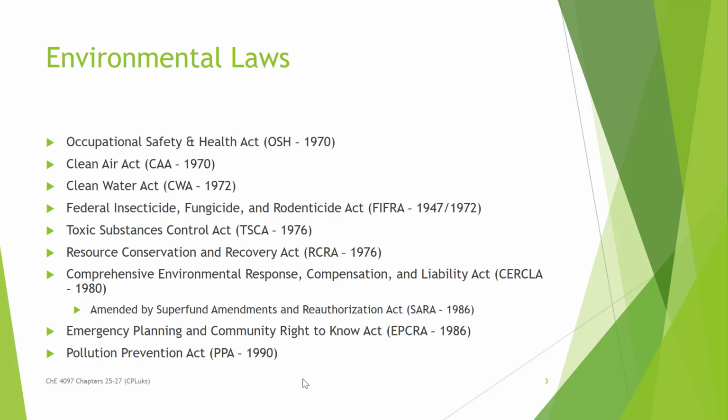If you look at this, we've got the Clean Water Act in '72, rules on insecticides and fungicides and toxic substances, and just so many different rules. At the company you work for, you'll probably have somebody who is responsible for keeping up with all of these rules. And they change all the time.